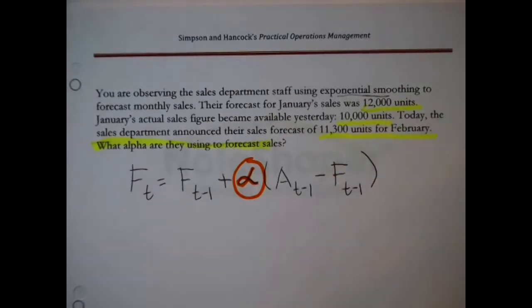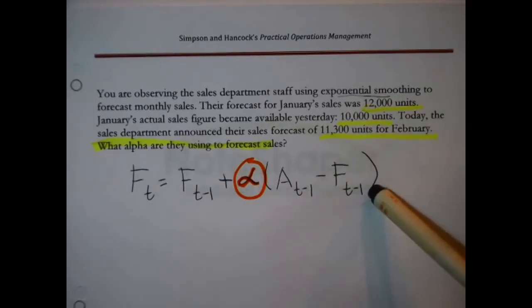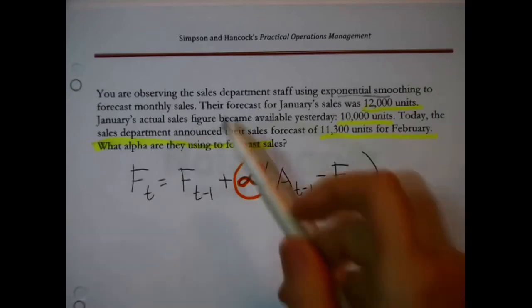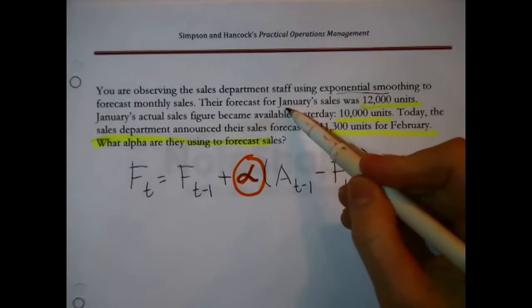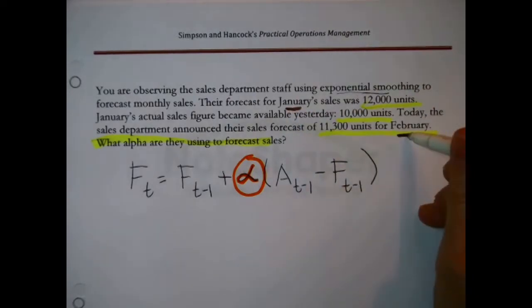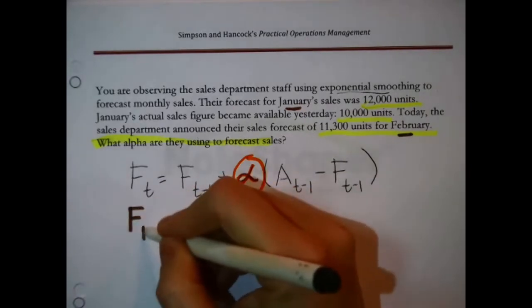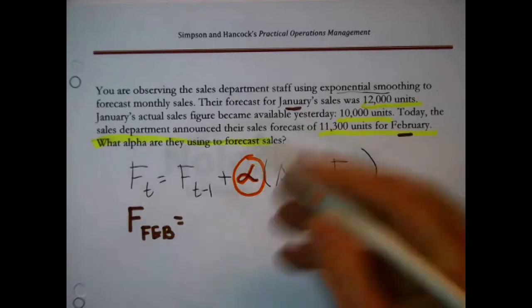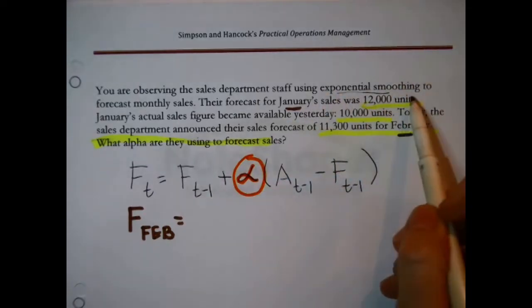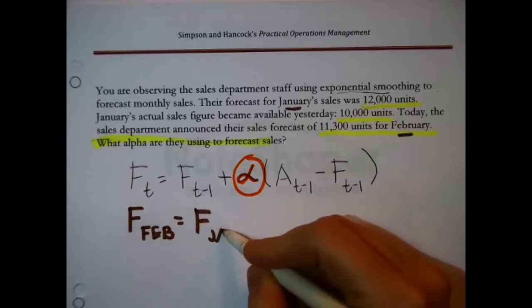One of the things that I want to do next is relate this general formula to the specific situation they're discussing for the sales department. I noticed that they're talking about January and February here. So the forecast for February, if they were using exponential smoothing, and it says that they were, would equal the forecast for January.